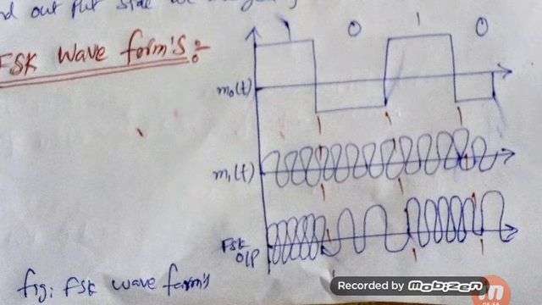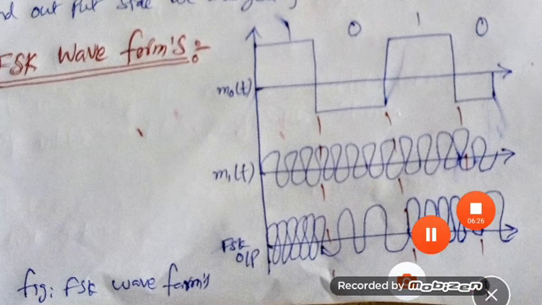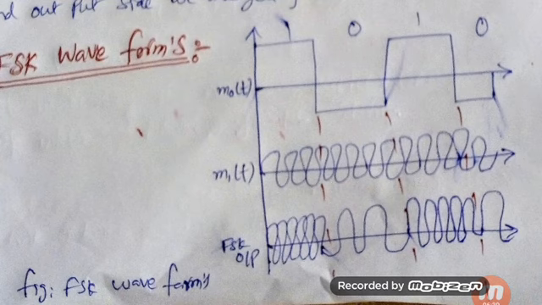So that means if the digital information is 1, the frequency is high. If the digital information is 0, the output waveform frequency is less compared to the previous. Why? Because the frequency of the carrier will change with respect to time.